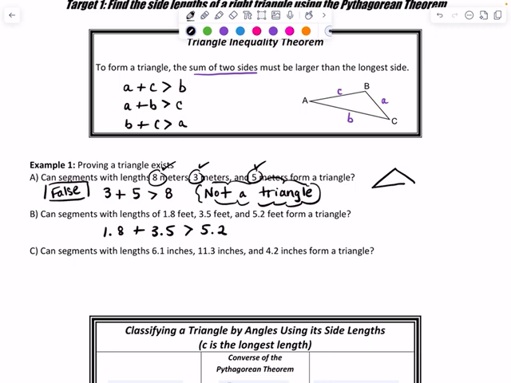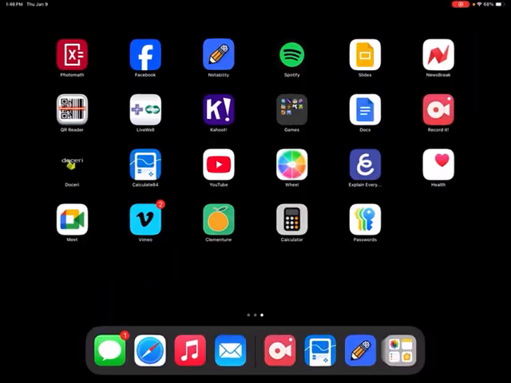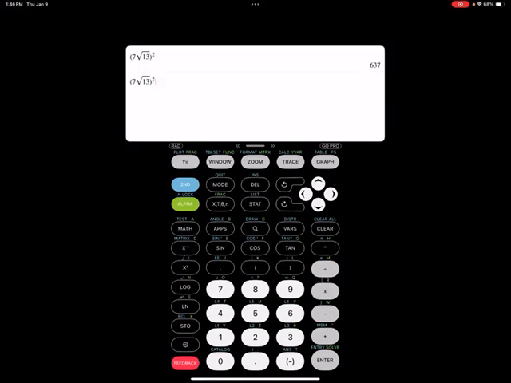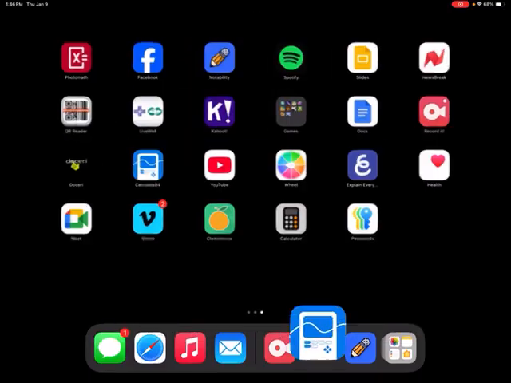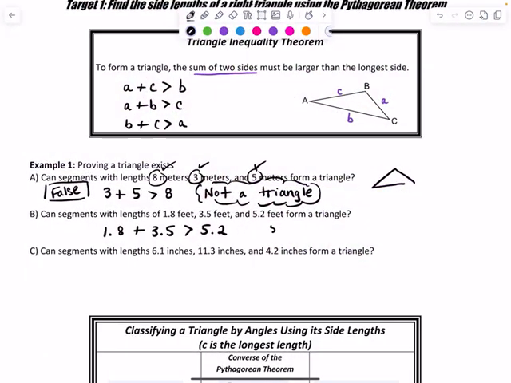Using a calculator, 1.8 plus 3.5 gives us a sum of 5.3. And 5.3 is, yes, indeed, greater than 5.2. This is true. So my response to this would be, yes, it is a triangle.